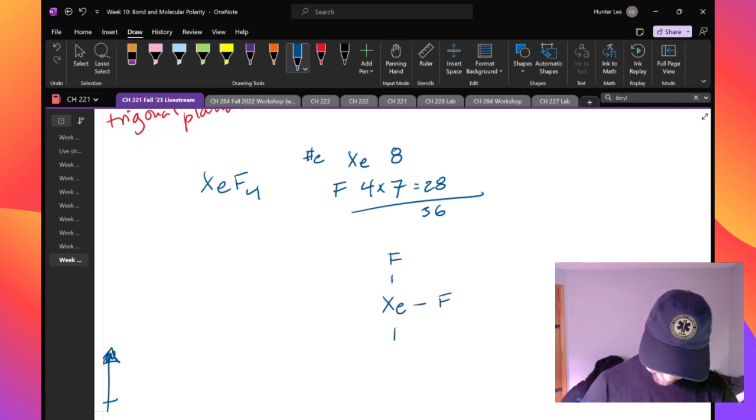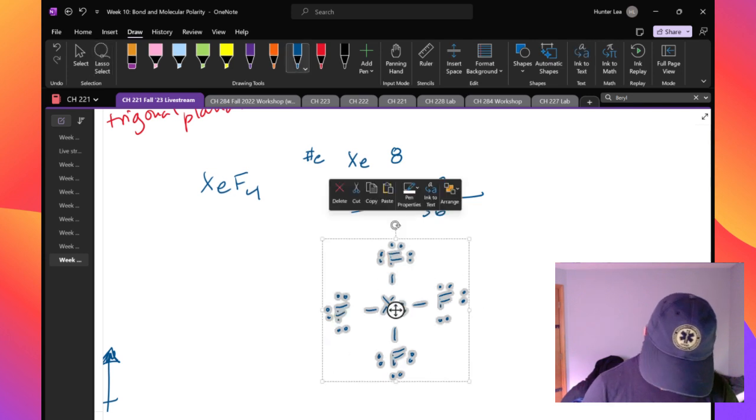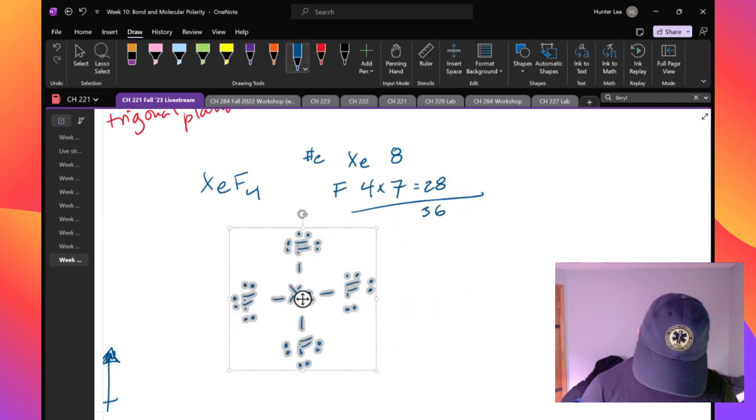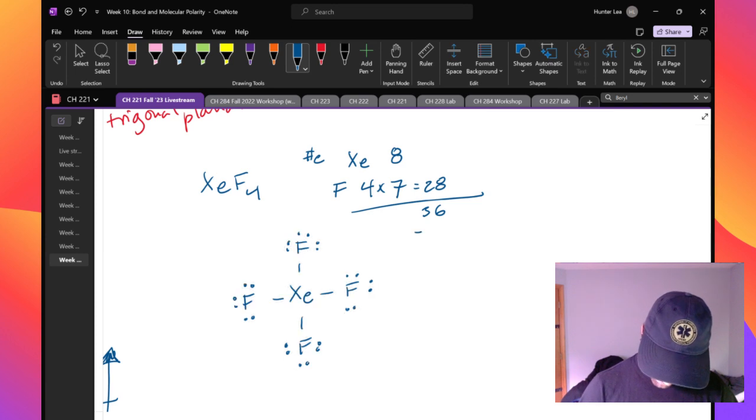Now, we already know that those fluorines are going to be unhappy with anything other than a single bond. So we're going to go ahead and draw these in. We have 2, 4, 6, 8 participating in bonding.